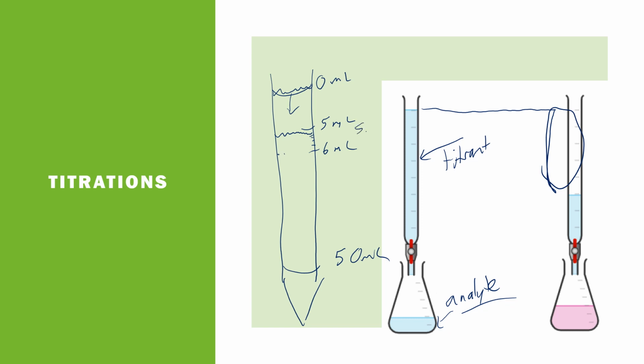I'm sorry, 5.05, because you know it's between 5.0 and 5.1, and you estimate it's about halfway through. So this one would have 3 significant figures. So that's kind of your general procedure for titrations.